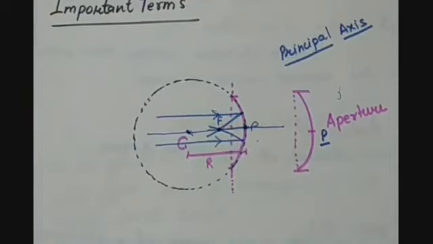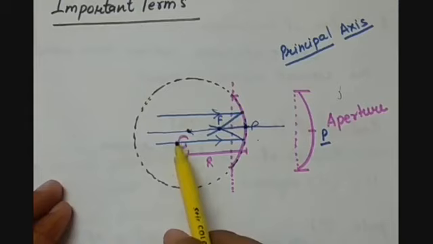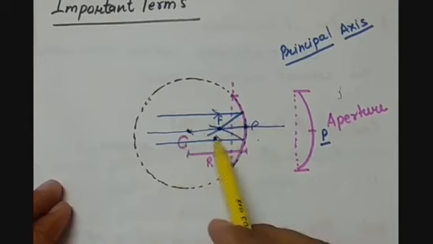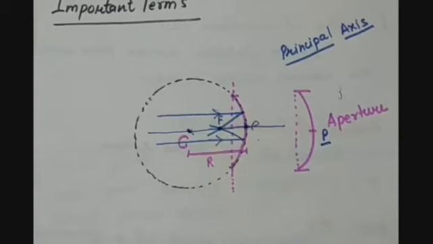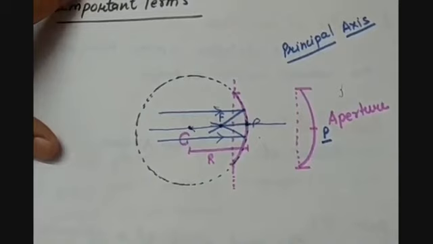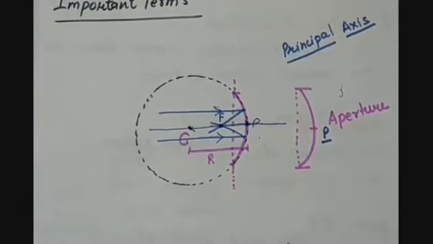Why is this called principal focus? Because all the incident light coming parallel to the principal axis passes through or meets or gets converged at a point which is called focus of the spherical mirror. So from here we got some points.